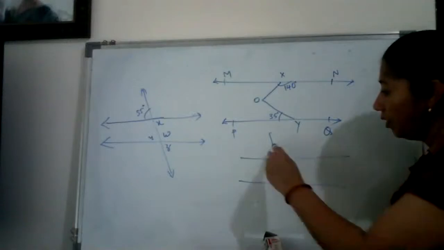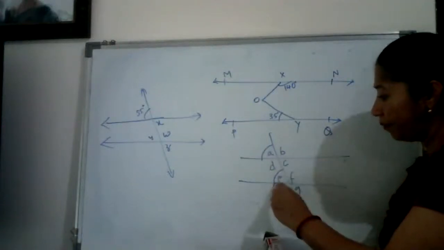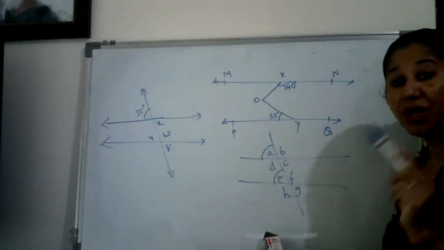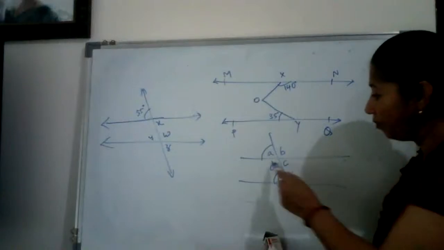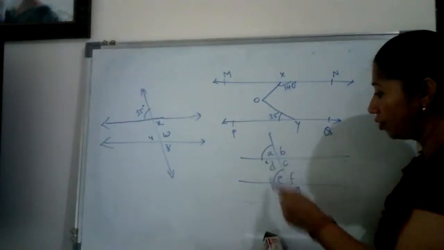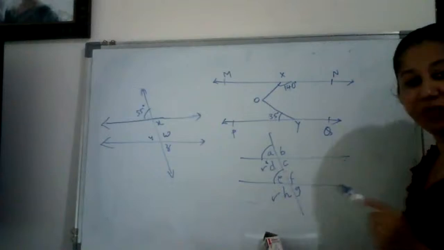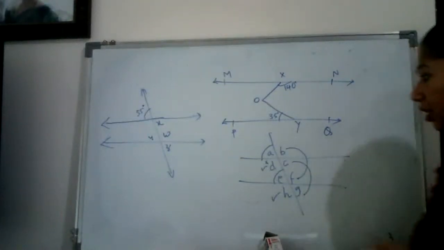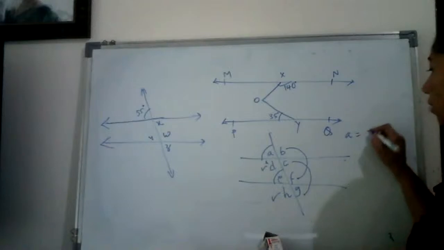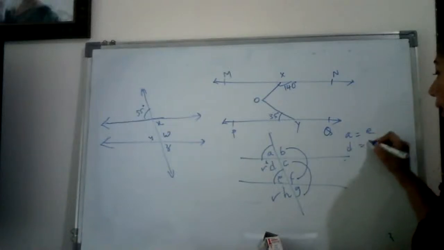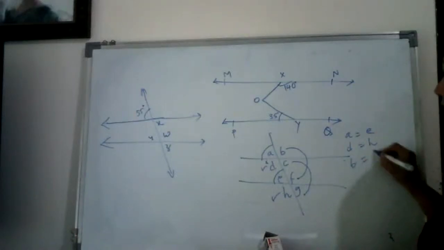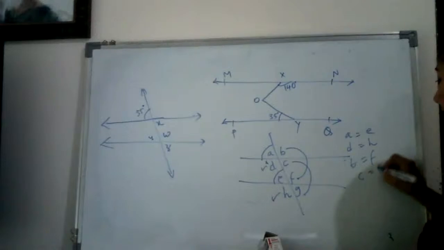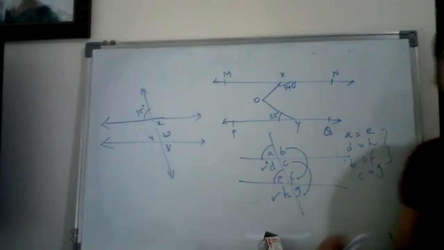Upper with upper on the same side, we call them corresponding angles. Lower with lower, so D with H, B with F, and C with G. These pairs are equal in their measurement.